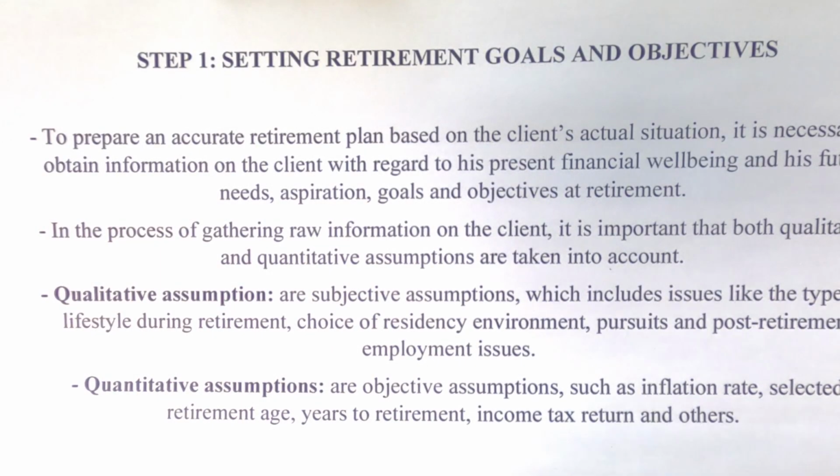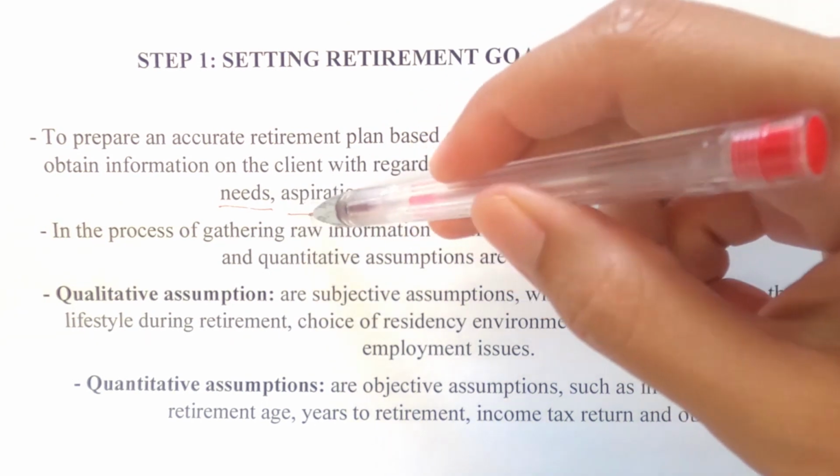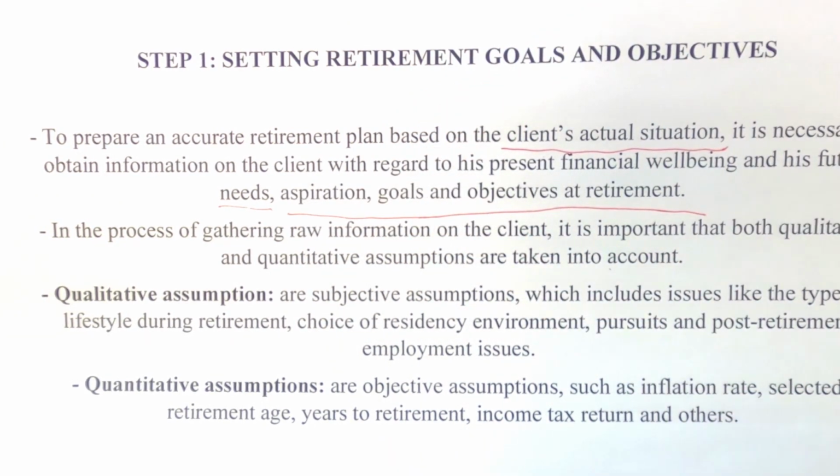Step 1 is about setting the retirement goals and objectives. In this instance, it is important for us, the financial planner, to understand the client's actual situation, in the sense that we have to know the client's needs or aspirations, goals and objectives during the retirement period.